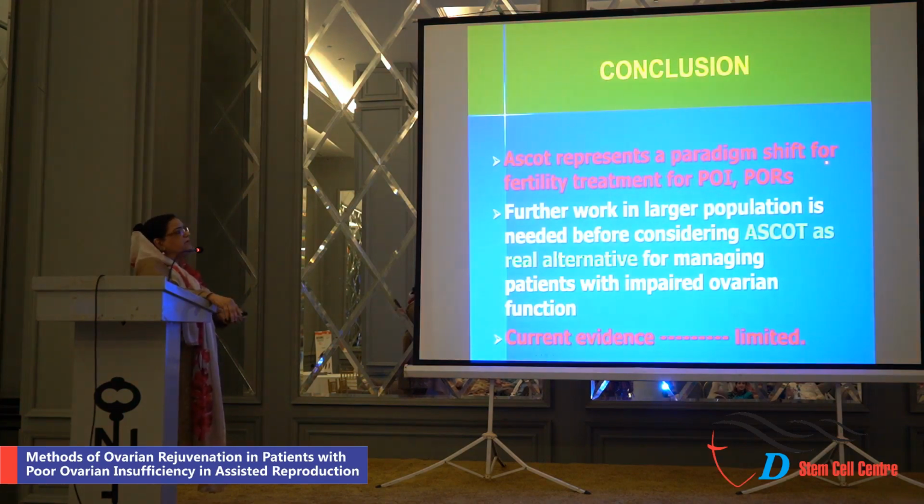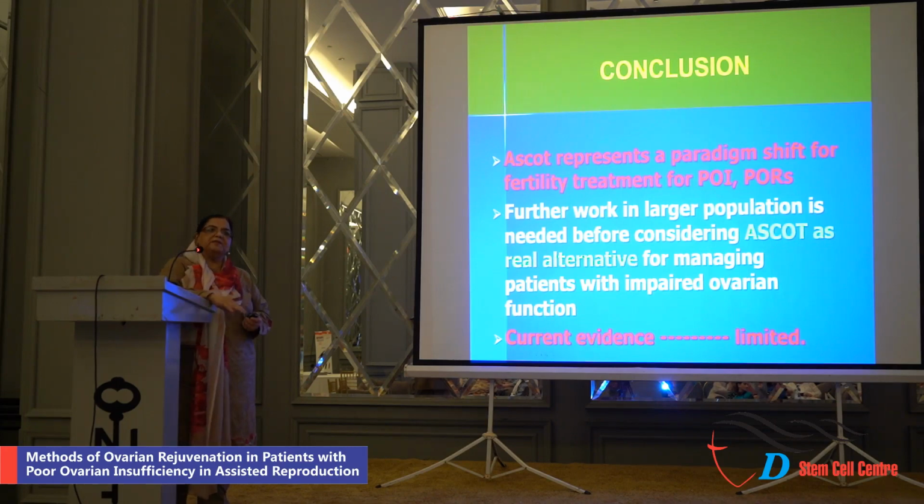It is a paradigm shift for fertility treatment for primary ovarian insufficiency as well as poor ovarian responders. Further work in a larger population is of course needed before considering it a real alternative for managing patients with impaired ovarian function. But at present, evidence is limited. Most of the studies have 10, 30, or 17 cases, and at our center it is an ongoing study, and we have done 5 cases.